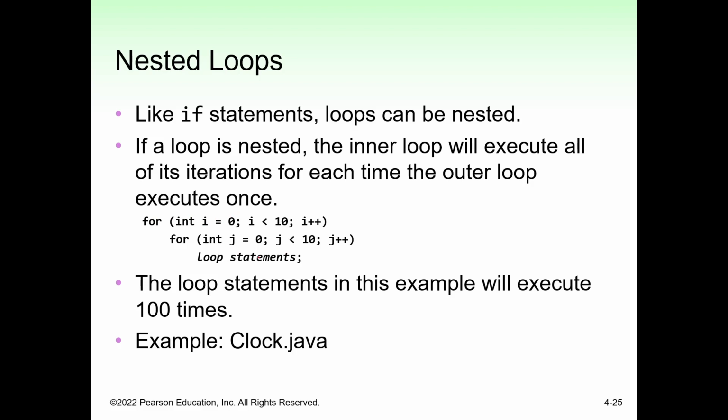What it means right here is that all of these statements that belong to this for will execute for just one execution of your outer loop. So in this case, we have integer j equals 0, j less than 10, j plus plus. So this loop will run 10 times, while this loop will run only once.